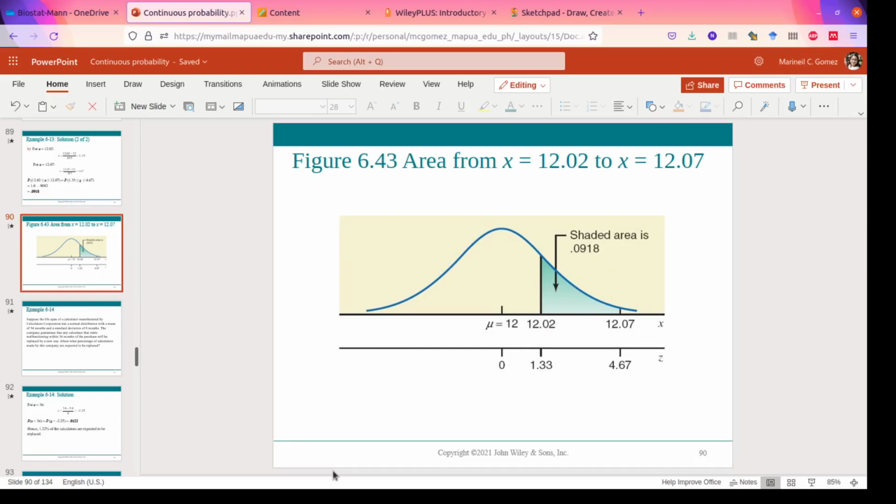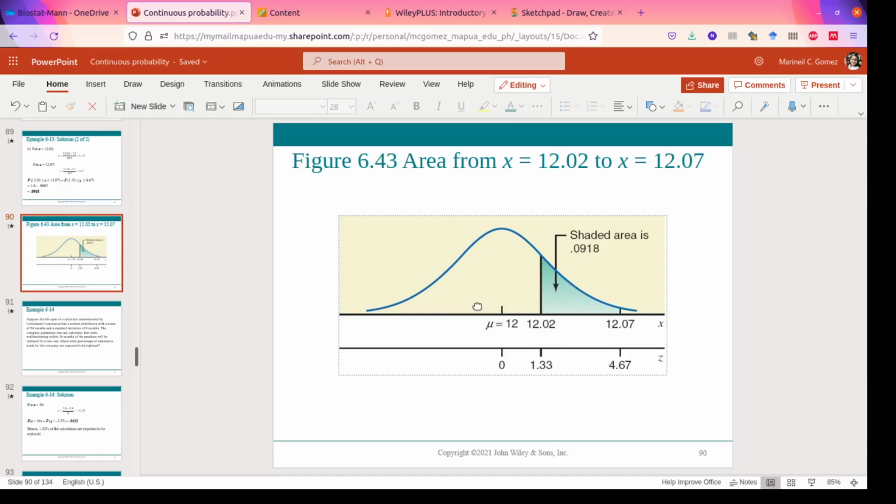It's quite flexible with the probabilities because it's a frequency probability. That means taking the whole population, 9.18% of the population falls under this shaded region. It's also the probability that when you randomly get a soda, you get one between 12.02 and 12.07 ounces. So this is 9.18% of the time.